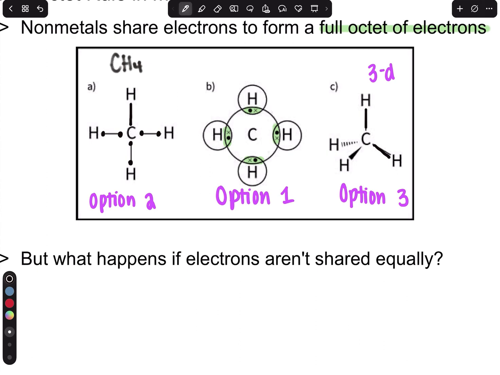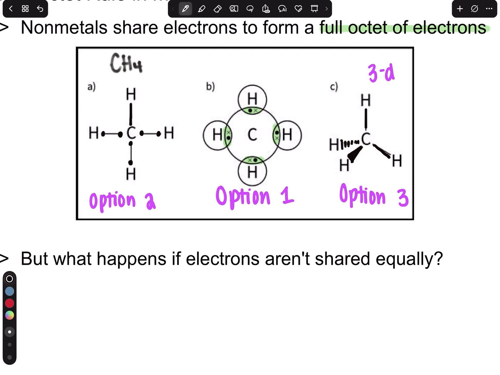But there are other bonds that are 3-dimensional, like this bond down here on the bottom left. It's drawn with a really thick bar to illustrate that this bond is coming out of the paper towards you. And then the bond on the far left that's dotted is actually showing us that the bond is going into the paper away from us.